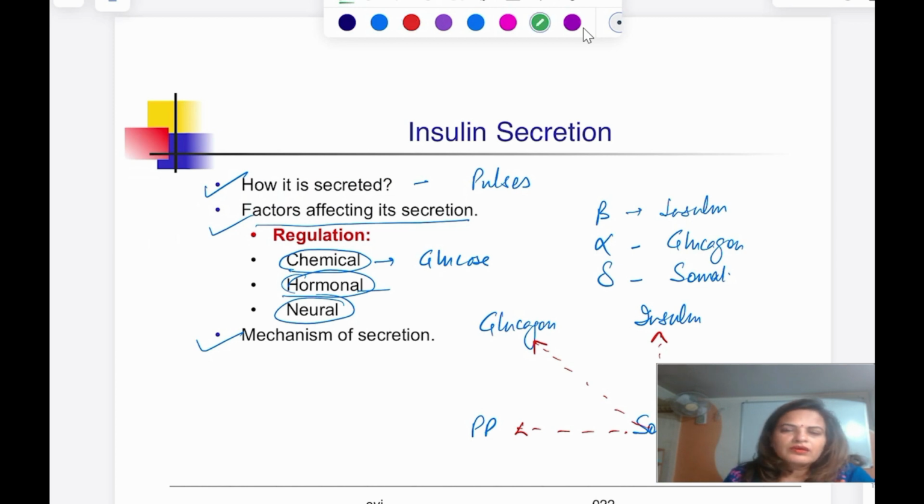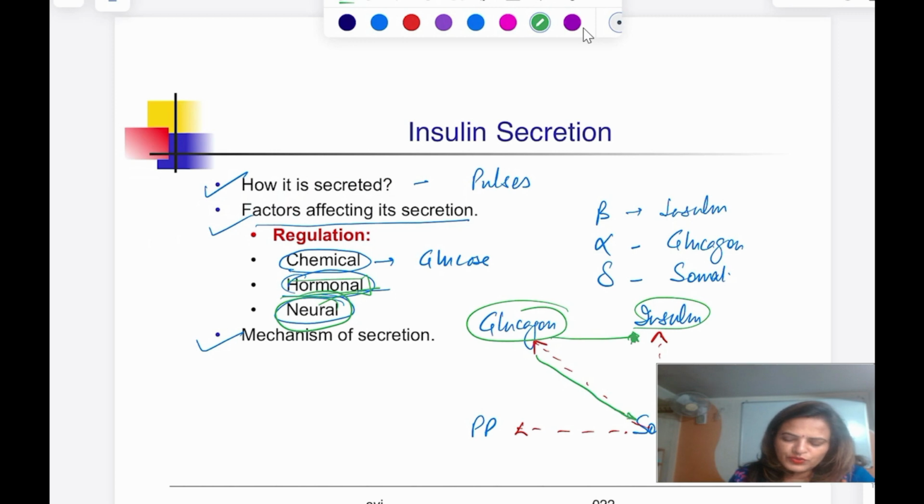Whereas glucagon is going to stimulate somatostatin as well as insulin. And insulin has the opposite action to glucagon. This is how they are regulated at the hormonal level.